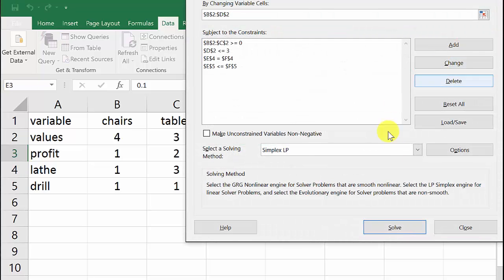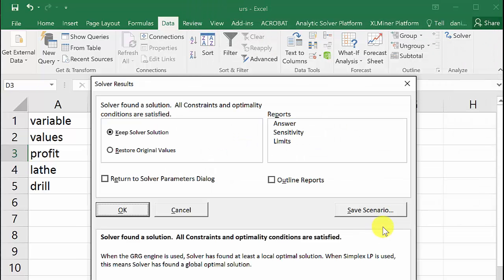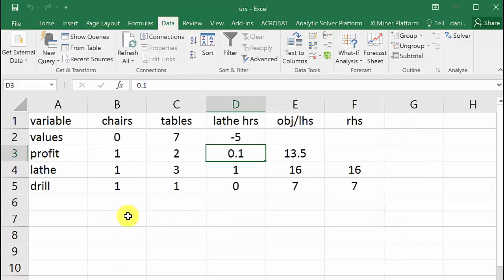Let's see what happens. It's found a solution, and lo and behold, it's not making chairs at all. It's making only tables, and we can now buy 5 hours of lathe, at 0.1, at 10 cents, and that will increase our profit even more.